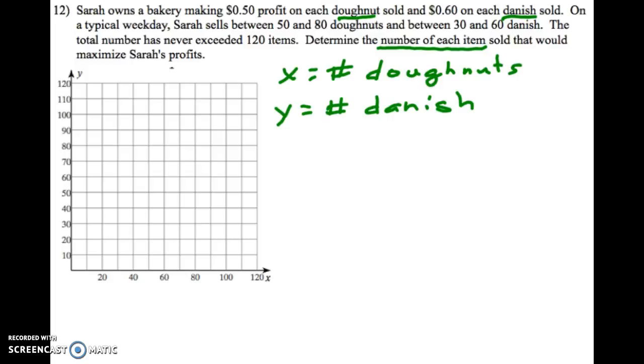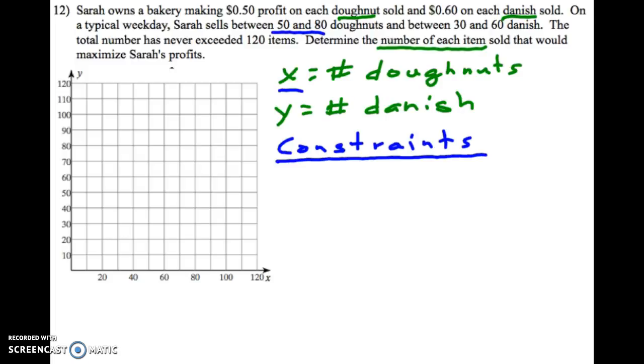Now, next we need to write the constraints. So let's look at it. As far as the donuts go, she's going to sell between 50 and 80 donuts, donuts being our X value. So if we're going to be between 50 and 80, that means X has to be bigger than or equal to 50, and X is going to be smaller than or equal to 80.